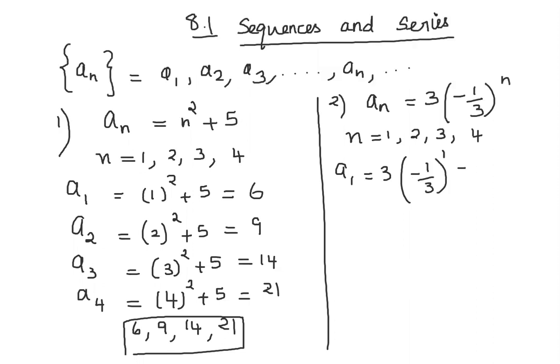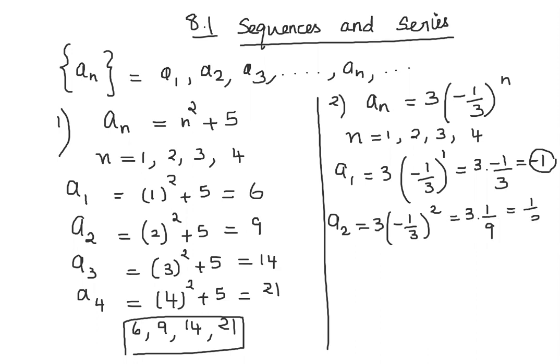So it is going to be 3 times negative 1/3, which is just negative 1. And that is our first term. Put n equals 2, which is going to be 3 times 1 over 9, and the answer is going to be 1/3. So the negative and positive is going to alternate.